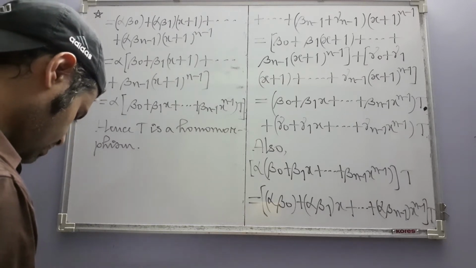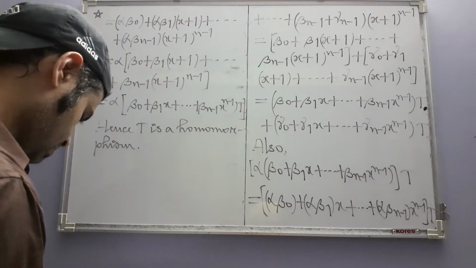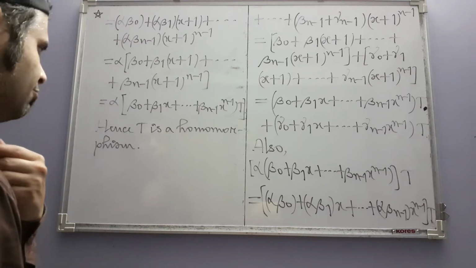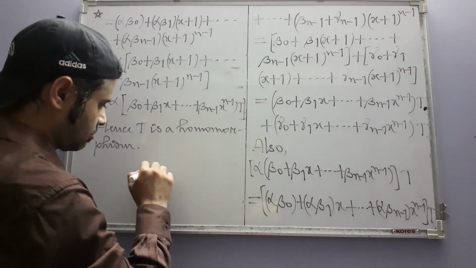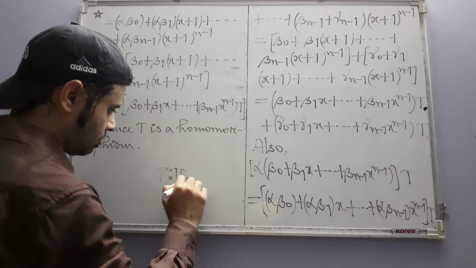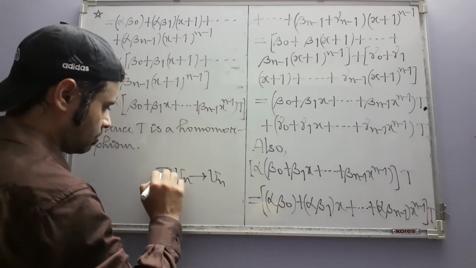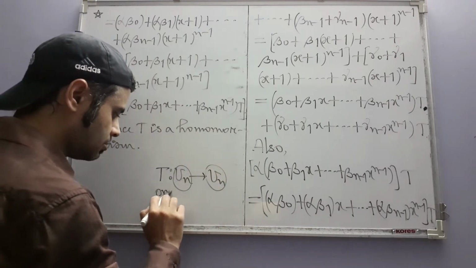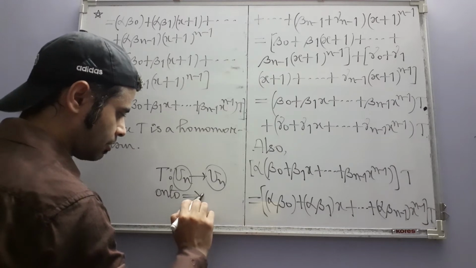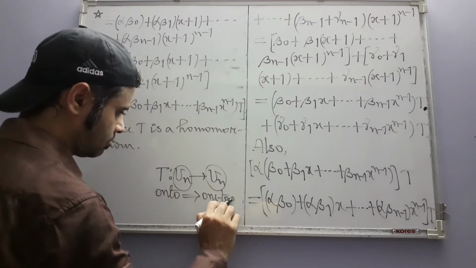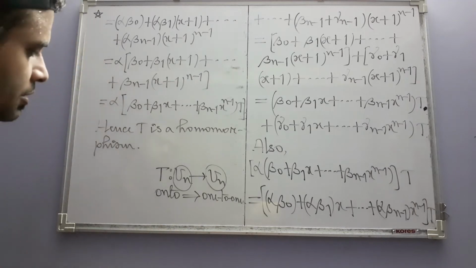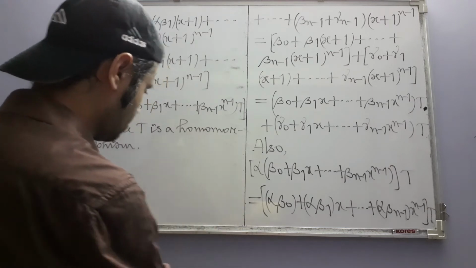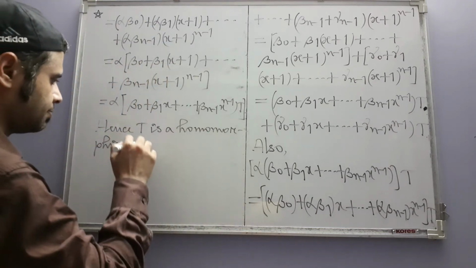Is it exercise or yeah, exercise 6. If you have a homomorphism T from a finite dimensional vector space to itself, which is onto, then it is also automatically one-to-one, and hence it will be an isomorphism. So we write like this.